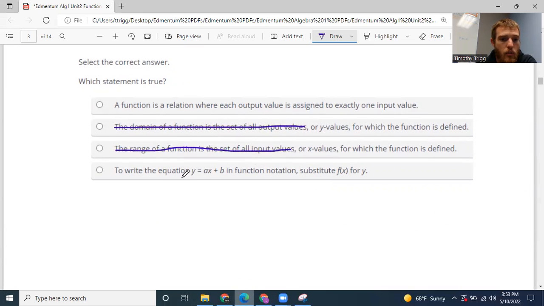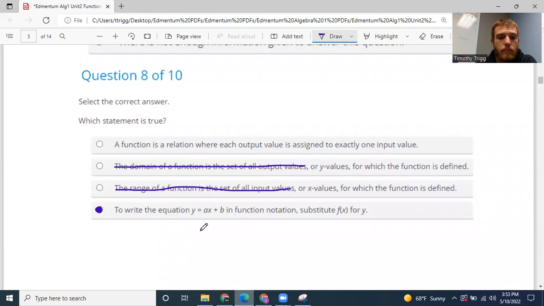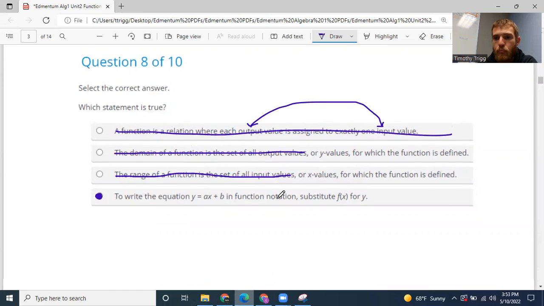To write the equation y equals ax plus b in function notation, substitute f of x for y. Yes, that's correct. Yeah, this first one's a little mixed up. A function is a relation where each input value is assigned to exactly one output value. So these need to be mixed around in order to be true. So as it is now, it's false.